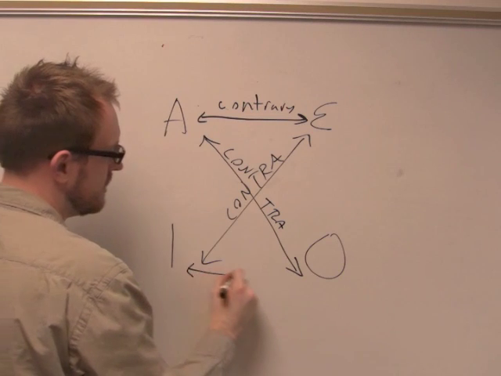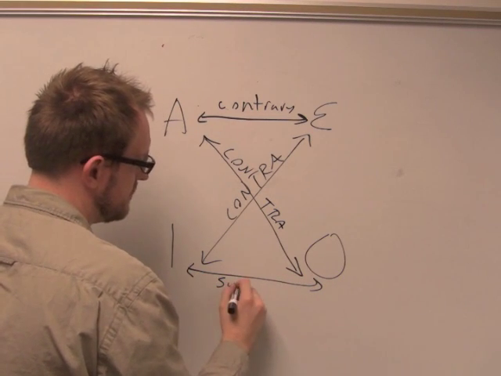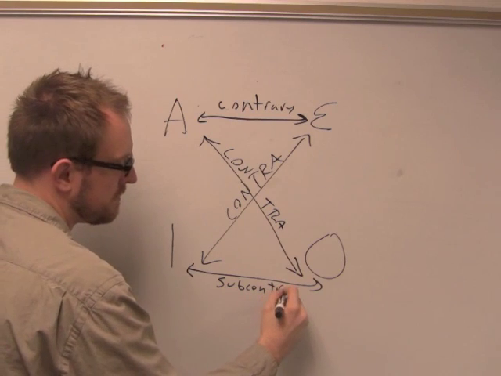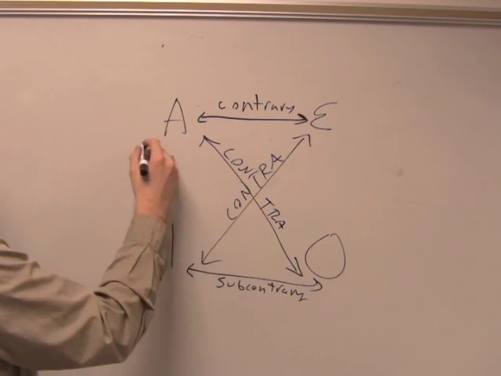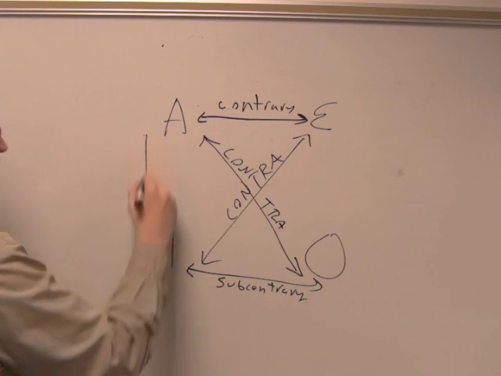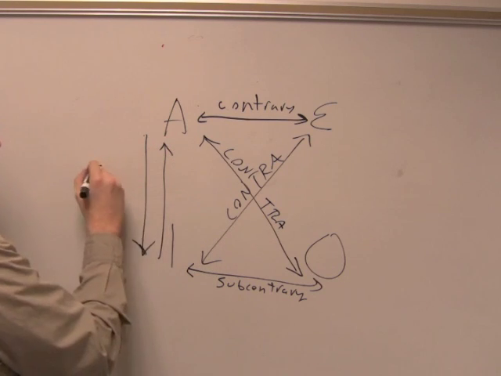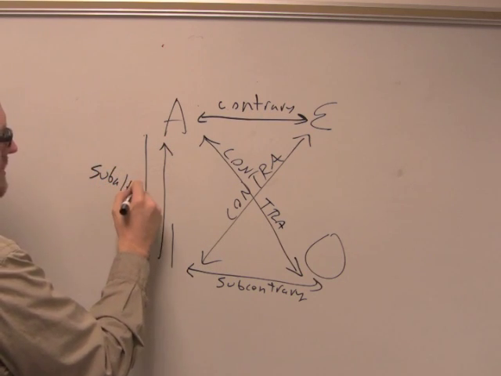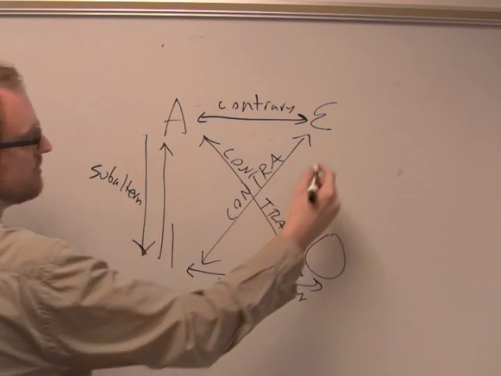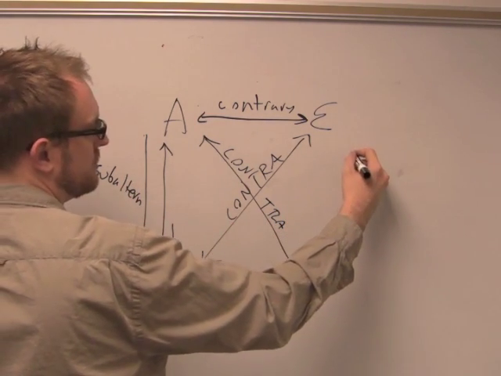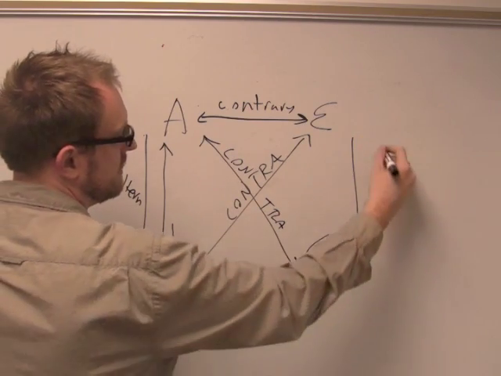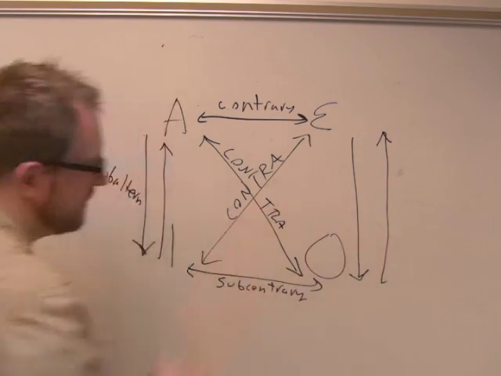This is our subcontrary relation. And then this is the subalternation. I'm going to put one arrow going down and one arrow going up. This is subalternation, and it stands the same for both cases.